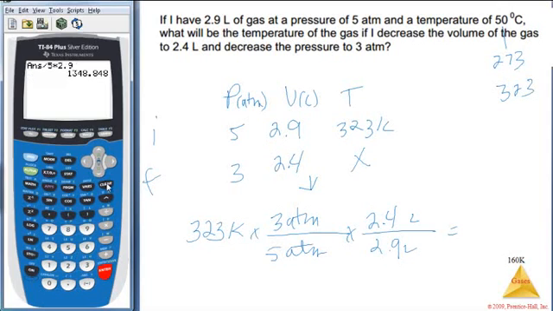Let's try that again. 323 times 3 times 2.4. Whoops. It's always easier to punch this with the finger than it is with this pen. 2.4 equals, and I'm going to divide that by 5 times 2.9. Close my parentheses, and I get 160K. Good. And I want 2 sig figs, so that's just perfect.